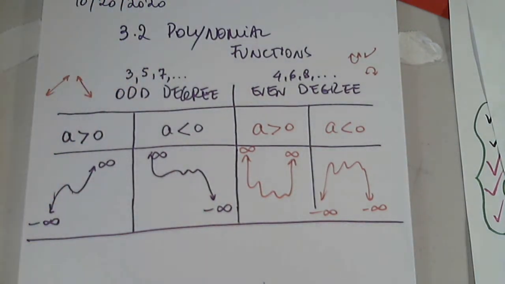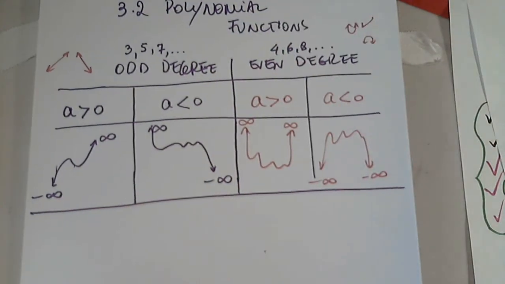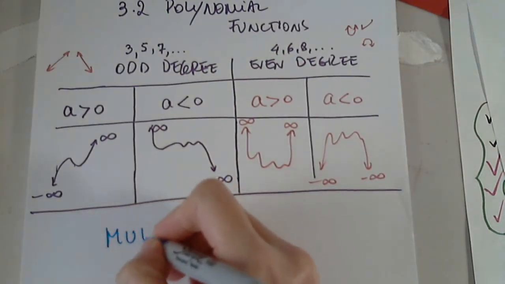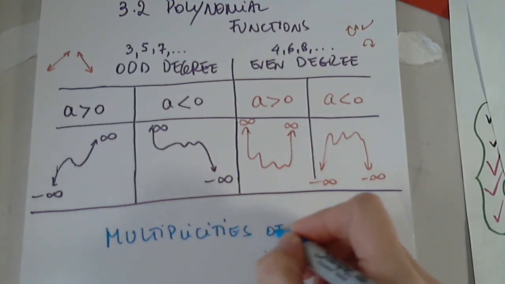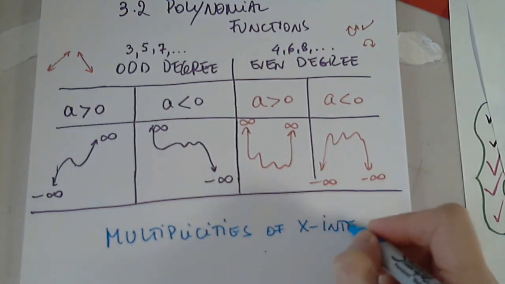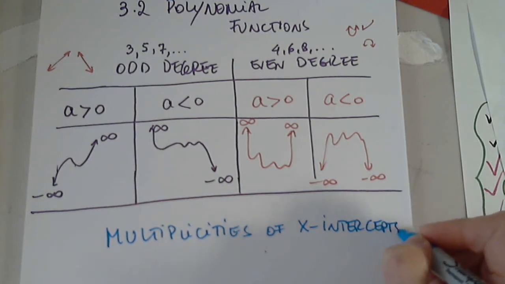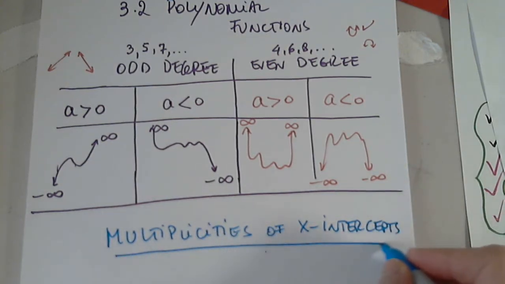Okay. The other thing that we have to think or talk about before we even look at the first graph is what are called multiplicities of x-intercepts. Multiplicities of x-intercepts.